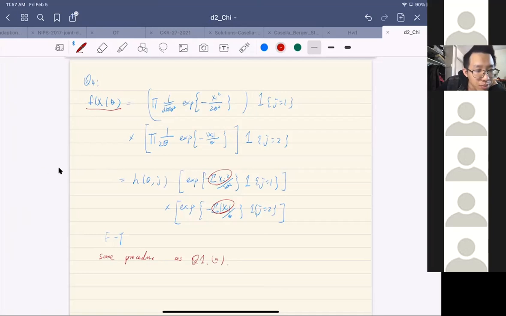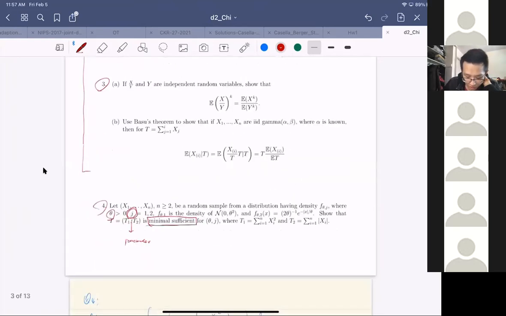The converse is not if and only if. We can only say that if it's full rank, then it's complete, but we cannot say that if it's not full rank, then it's not complete. But we have this theorem that says that if the X's are IID from a full rank exponential family, then T is complete.